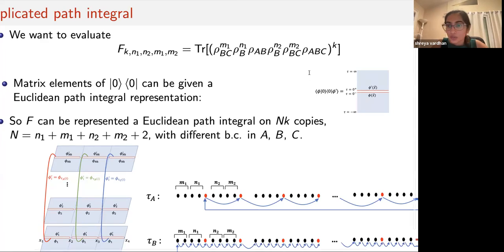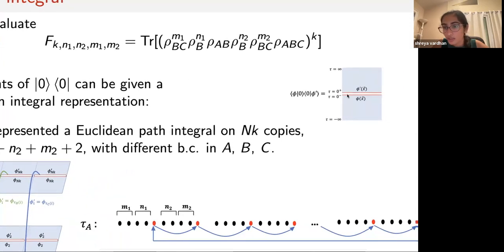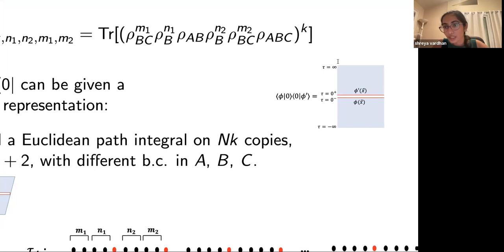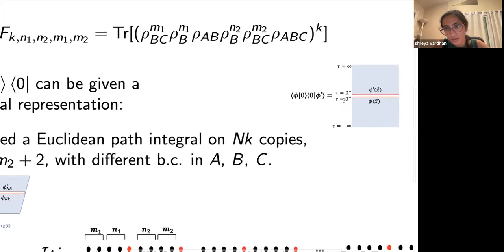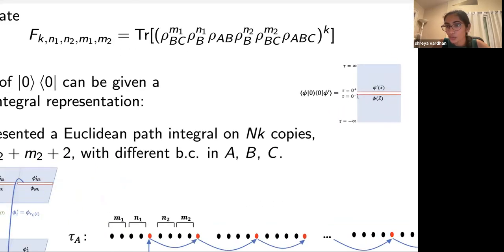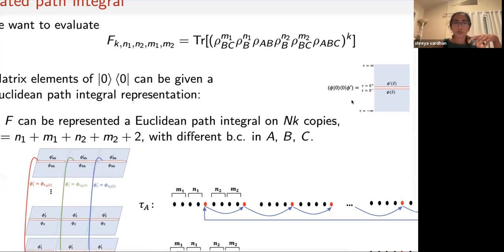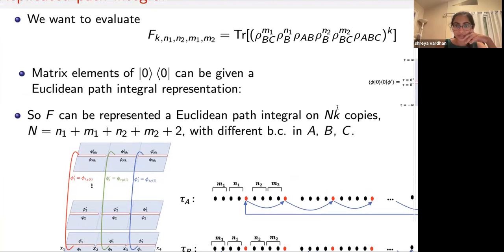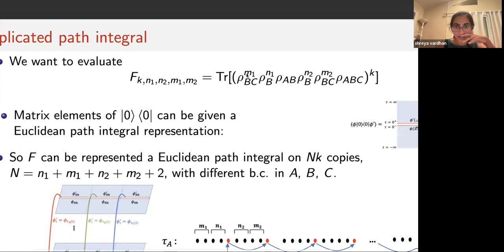So the first thing that we use is that each of these copies can be given a Euclidean path integral description from -infinity to infinity, where we specify what states we're taking the matrix element between by the boundary conditions at tau equal to 0. Okay. And now in order to trace out a certain subsystem, we would glue together these states in that region and so on. So we have some rules for how these n times k copies, where n is given by m1 plus n1 plus n2 plus m2 plus 2.